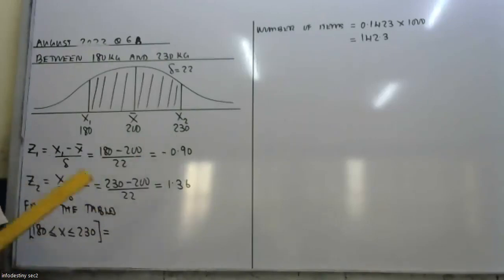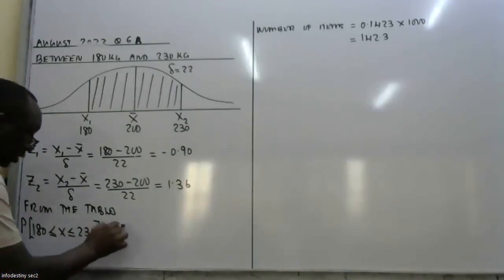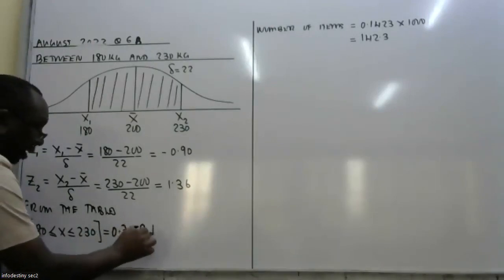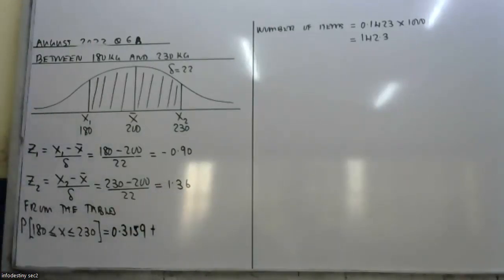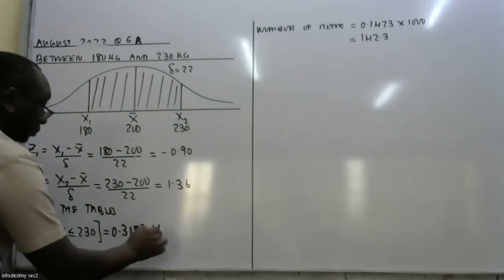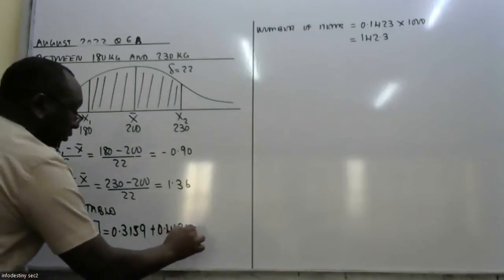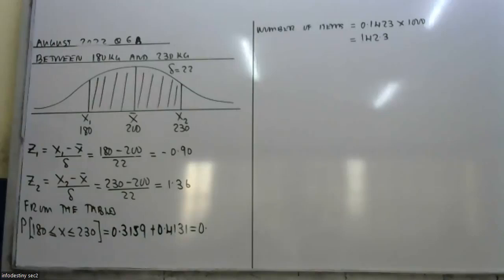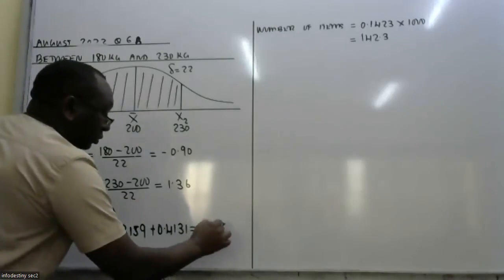Now read 0.9 for me. What do you get? 0.3159, plus read 1.36. 0.4131. So when you add, you get 0.7290.